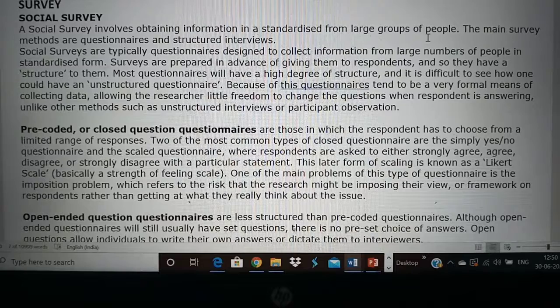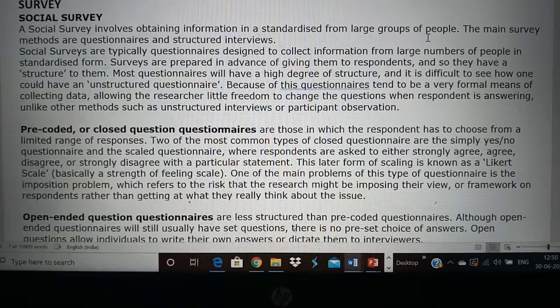But if you collect information from only a sample or a small group of the whole population, then it becomes a survey. For example, if you want to find out after the election who the people voted for, then you have to get information from 100 males and 100 females in Chennai, 100 males and 100 females from Vellore, Tiruvannamalai, and Ranipet.